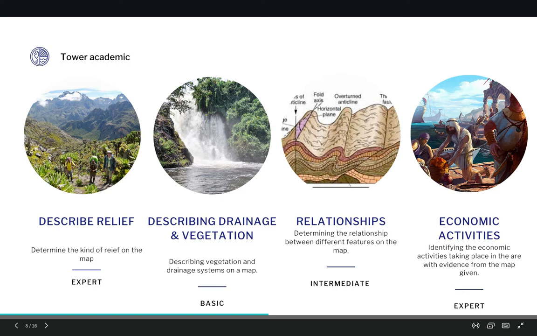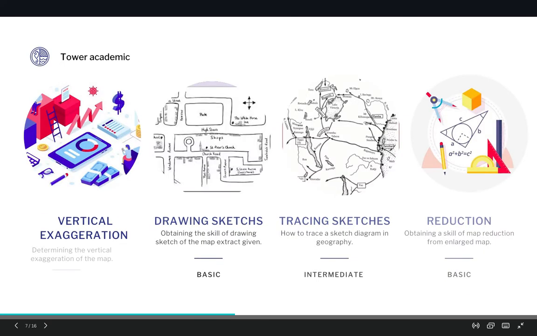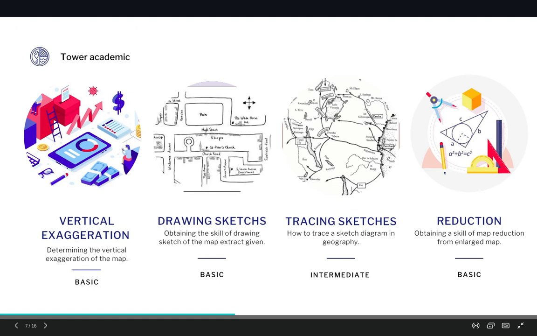Among the settlement patterns we shall look at is linear settlement. We shall look at scatter type of settlement. We shall look at clustered settlement, and then we shall also look at what we call grid settlement.